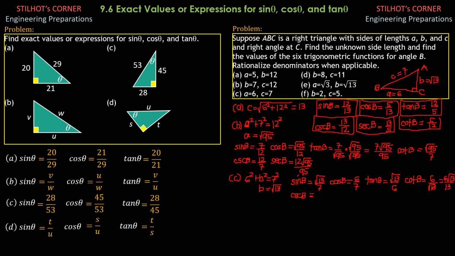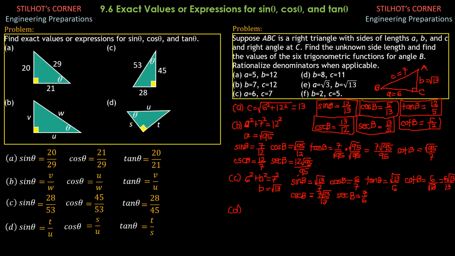So multiply square root of 13 over square root of 13. So 7 square root of 13 over 13. Then secant of B is reciprocal of 6 over 7. So 7 over 6.